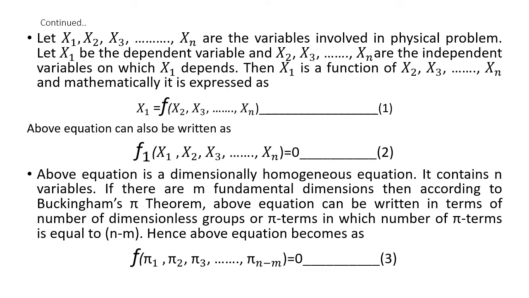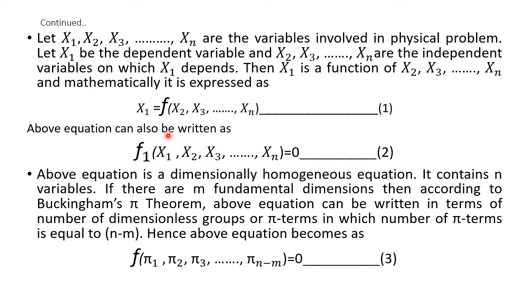Let us assume that x1, x2, x3, in this fashion up to xn, are the variables involved in a physical problem. x1 is a dependent variable, and x2 up to xn are independent variables. So x1 depends on x2, x3 up to xn, so x1 is a function of x2, x3, up to xn. The total number of variables, n, is the sum of independent and dependent variables.